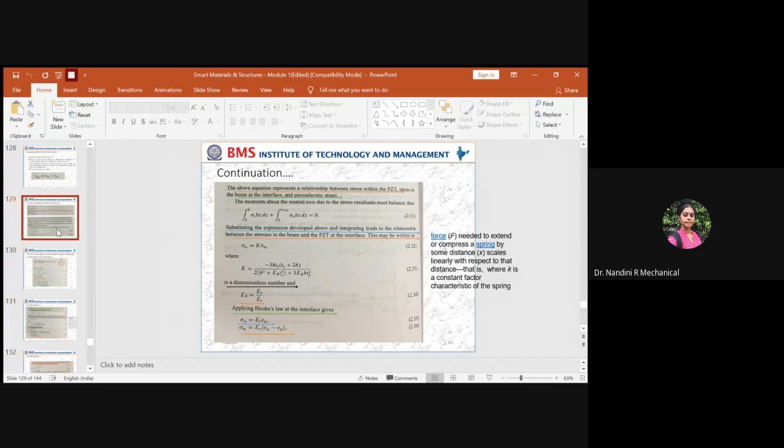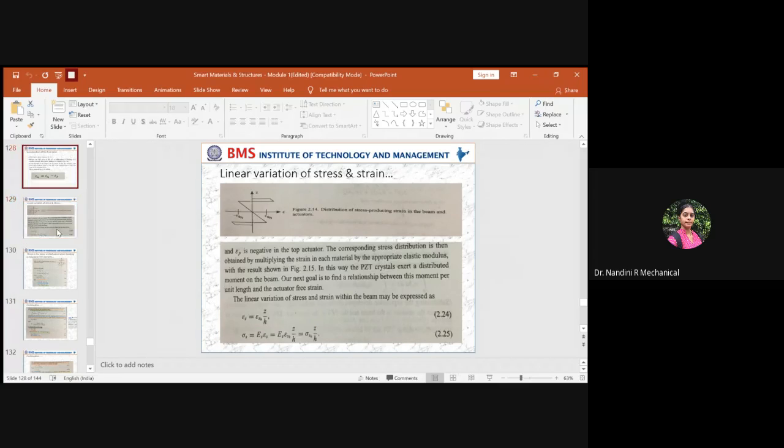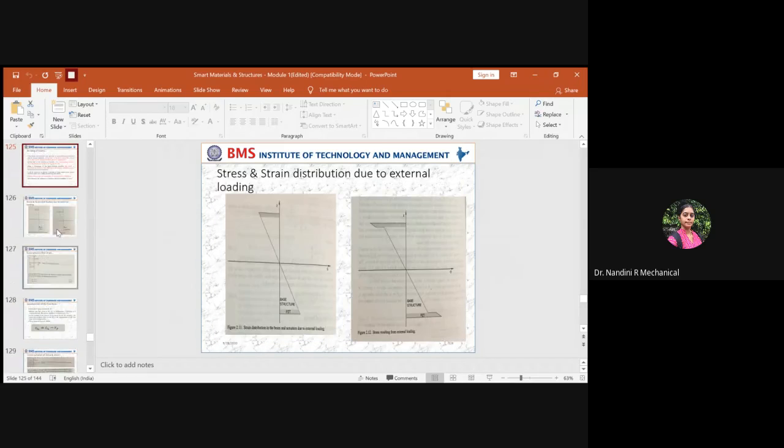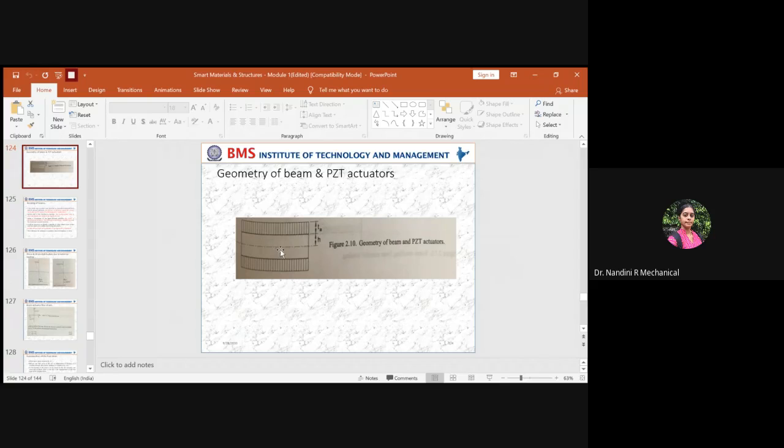Why? Because the stress generated across the structure as well as the piezo element will be interrelated, and it will be superimposed across the interface where you get the free strain. This concept you have to remember, or else you will take 0 to h and from h to TA.